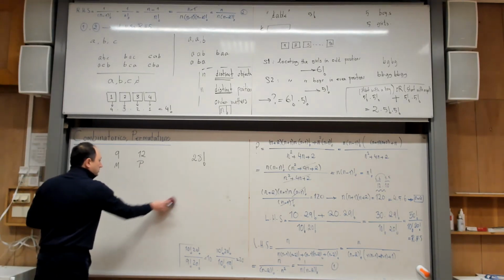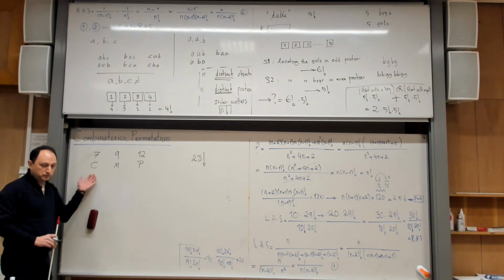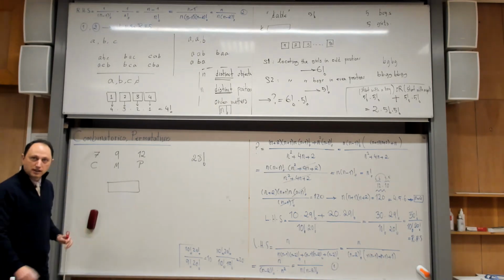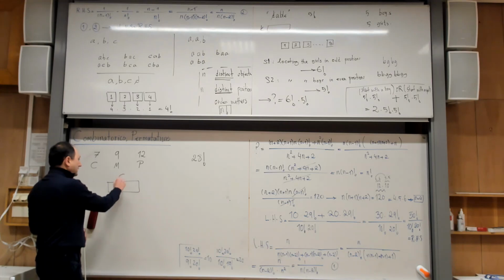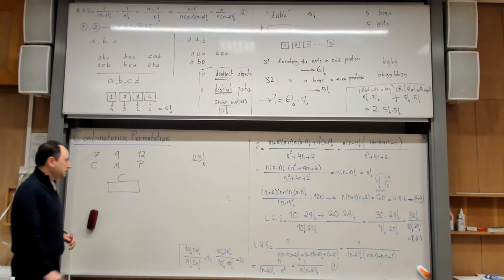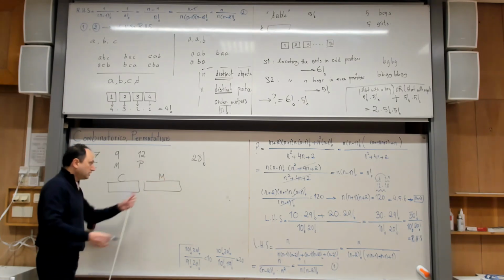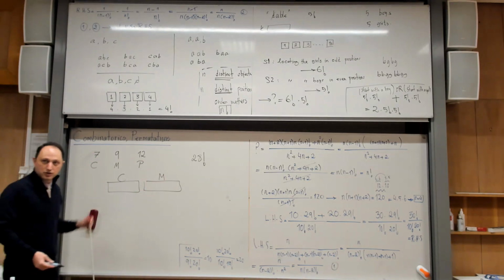If I want to fix the problem, you can imagine what to do. You can put the chemistry books in a box and label it C. Then you put math books in another box and label it M. Imaginary boxes; you don't need to have them.